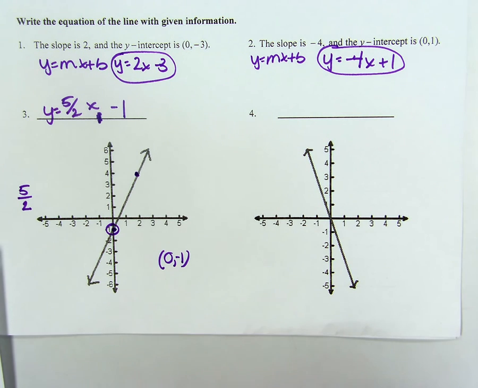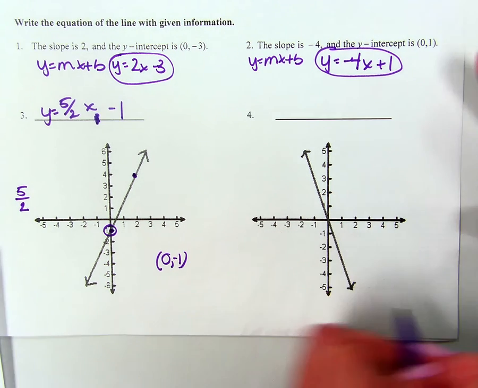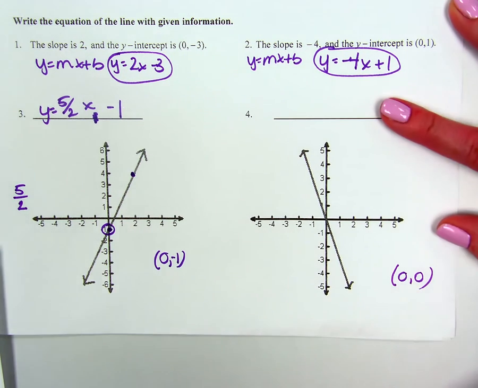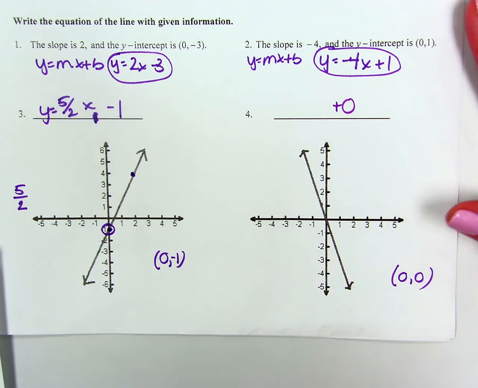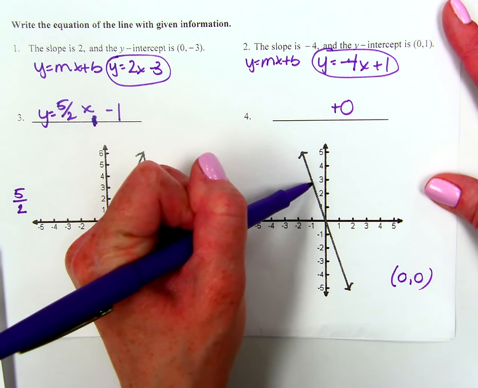Let's try that again on number 4. We're going to look for our y-intercept, and it looks like it is 0, 0. So that means we're not going to have anything; you can put a plus 0 if that's going to help you. Now we need to determine our slope.